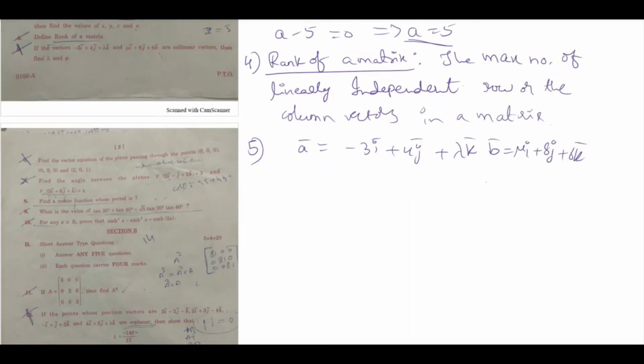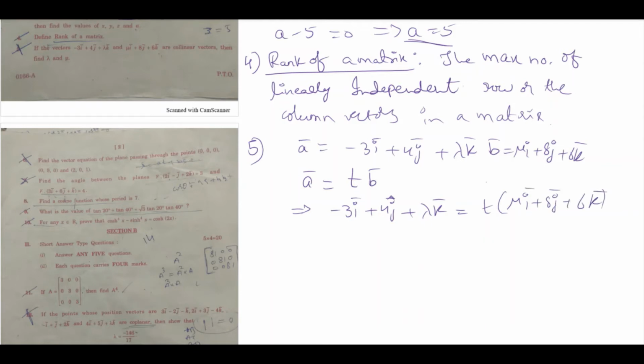Since they are collinear, I can write that a bar equals some constant t into b bar. That implies minus 3i plus 4j plus lambda into k equals t into mu i plus 8j plus 6k.